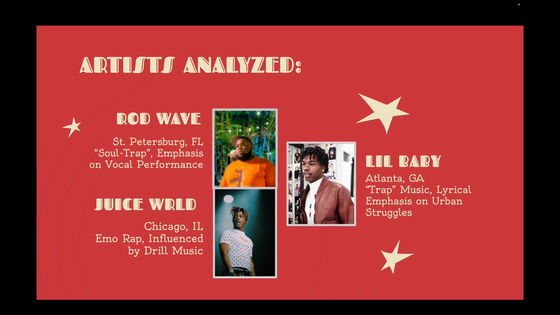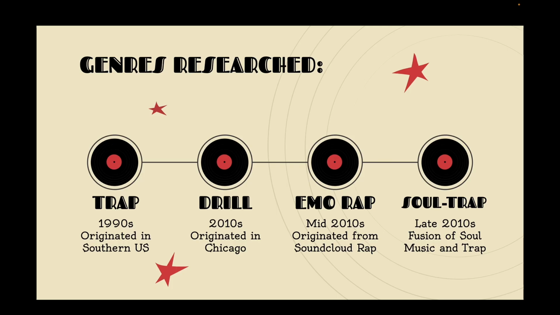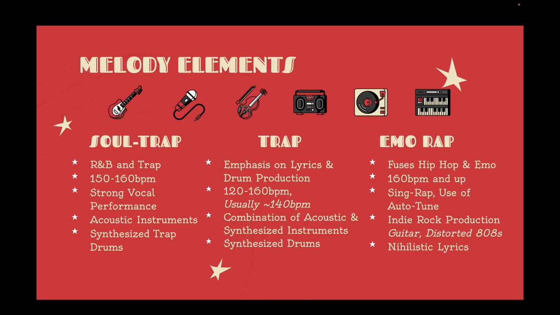And these are just some main points about them. So the genres were a big study of mine. So I went into trap, drill, emo rap, and soul trap. For the sake of this presentation, I'll just be going over trap, emo rap, and soul trap. So for the melodic elements, in soul trap, it's a lot of R&B and trap flavor.